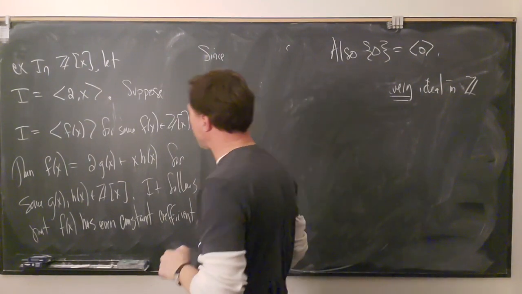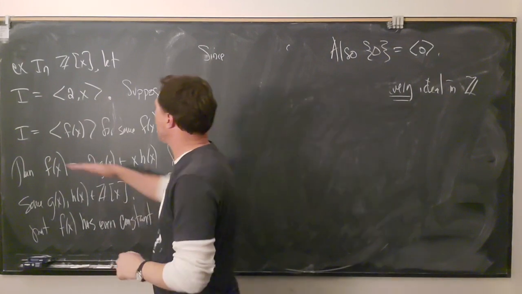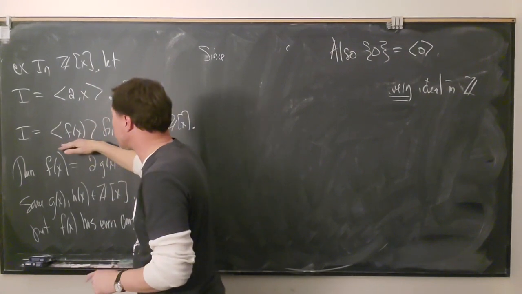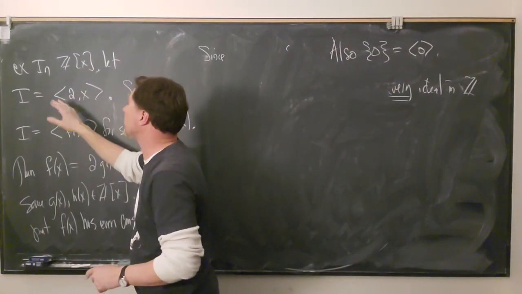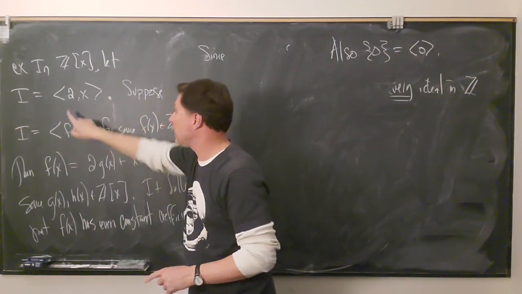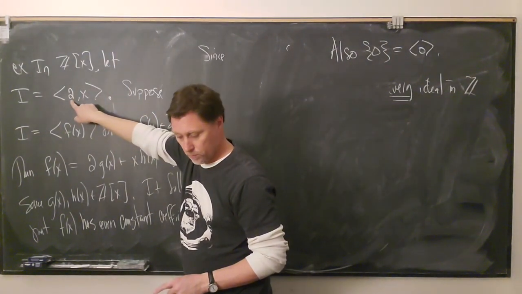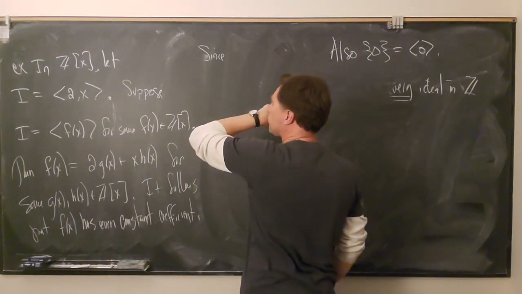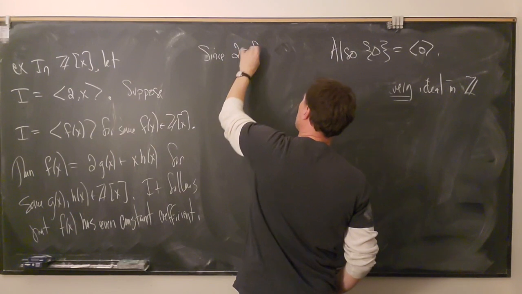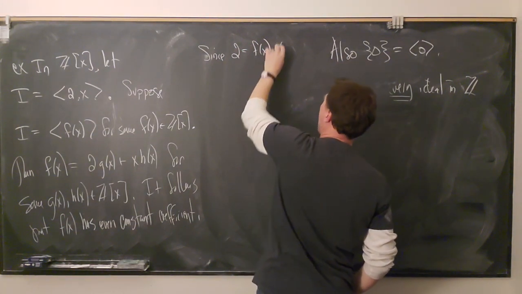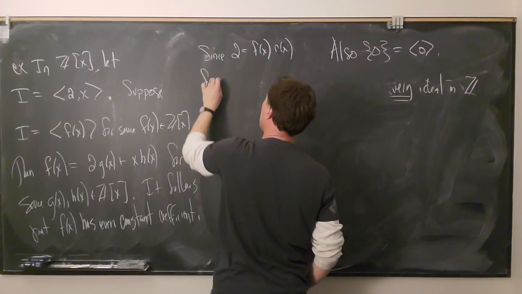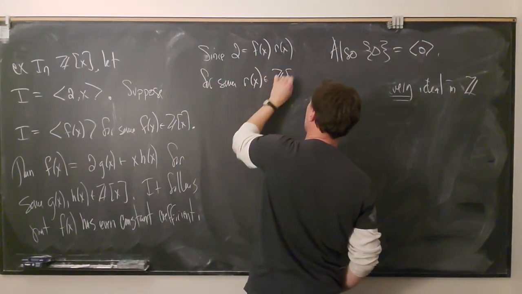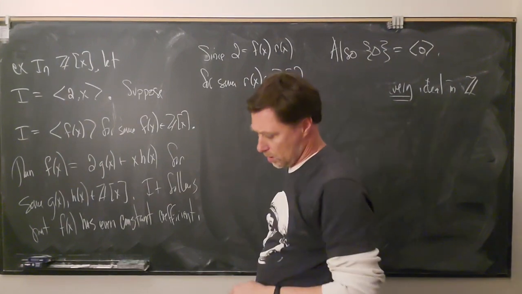Now, what are we saying here? We're supposing that this ideal is principal. So that means there's a single generator that gives us every single polynomial inside here. In particular, it's going to give us that polynomial 2. So since 2 is equal to f(x) times, let's say, r(x), for some r(x) in Z[x], what does that tell us?